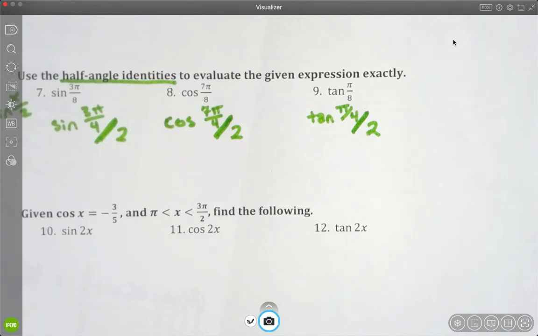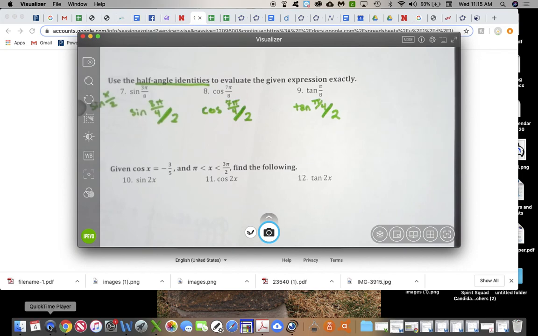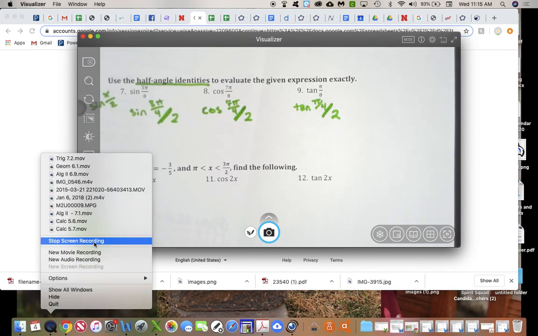So, in each one of these, your x's will be the top number. X is 3 pi over 4, 7 pi over 4, pi over 4, because I have those on my unit circle. I don't have the other pieces. So there's that. This won't be too bad, I promise. Just do your algebra correct. All right, there you go. That's it. Did we just do them all? No, you got to actually do the thing.